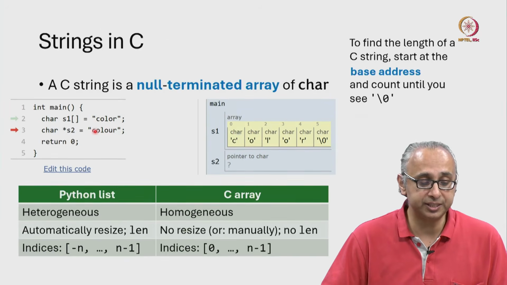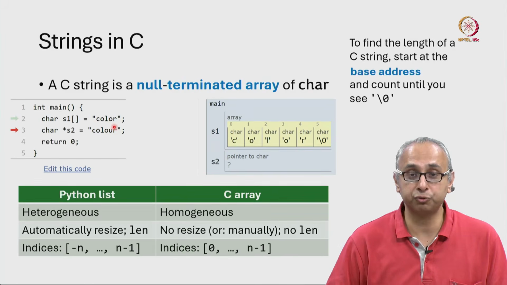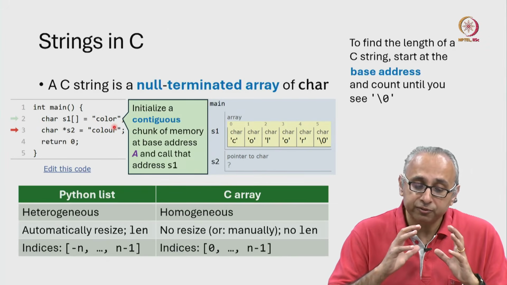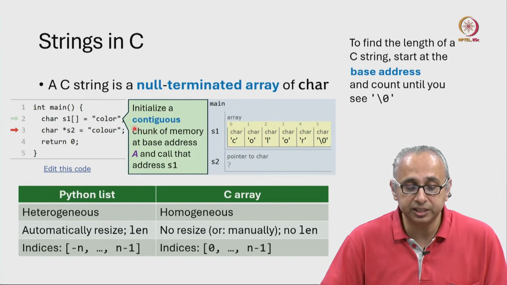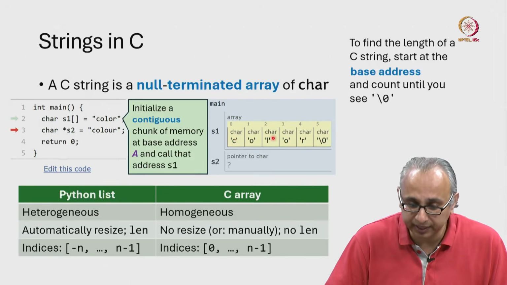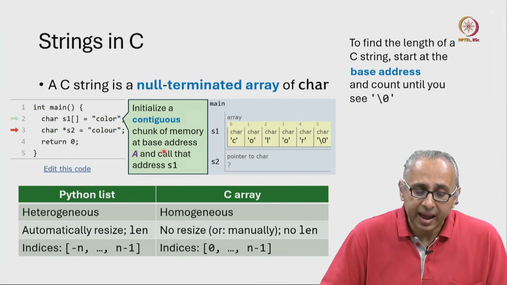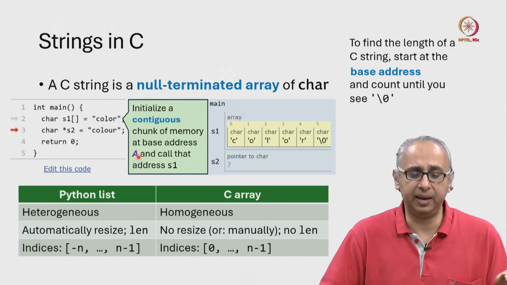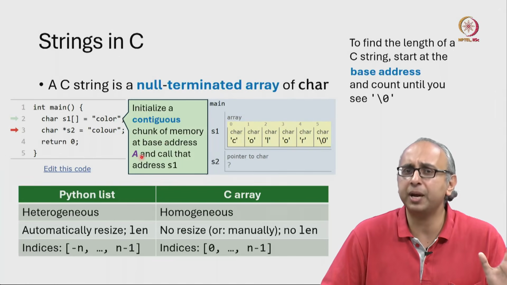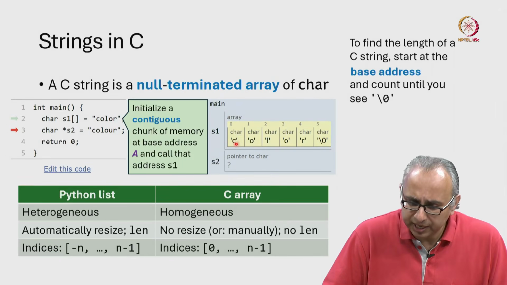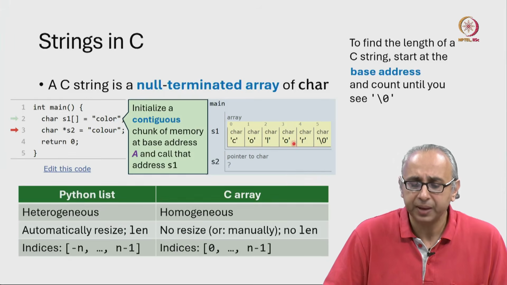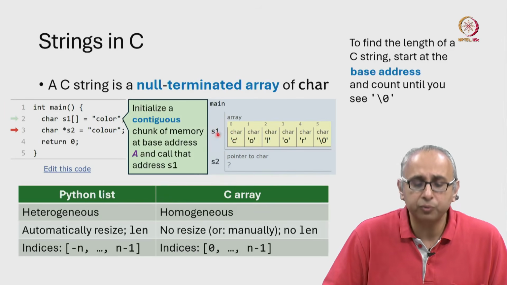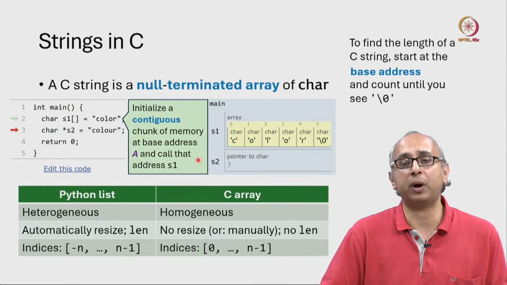So the meaning of this syntax, s1 is equal to the string color, is really saying first initialize a contiguous chunk of memory, like the compiler has done here, at some base address a. The compiler says, I don't mind where that address is, but just initialize this chunk of memory at that address. And now I'm going to call that address s1.